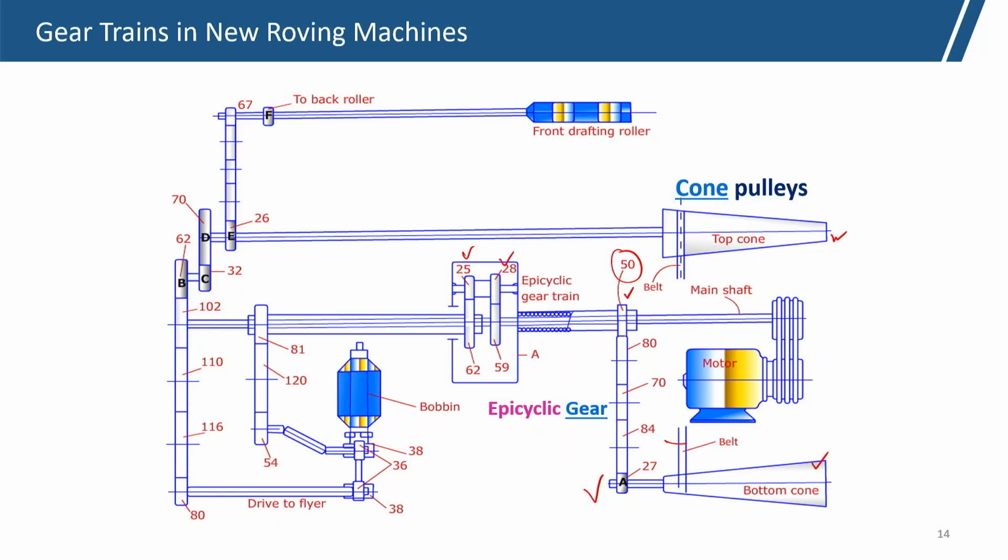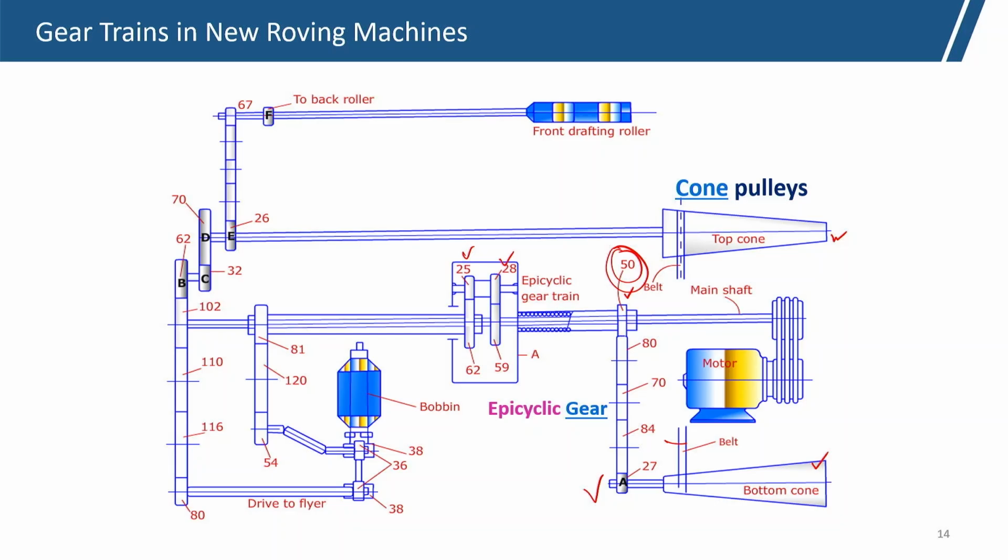So, this is the constant speed coming from the main shaft, and the variable speed is at the 50 teeth roller, which gets the variable speed from the bottom cone drum.